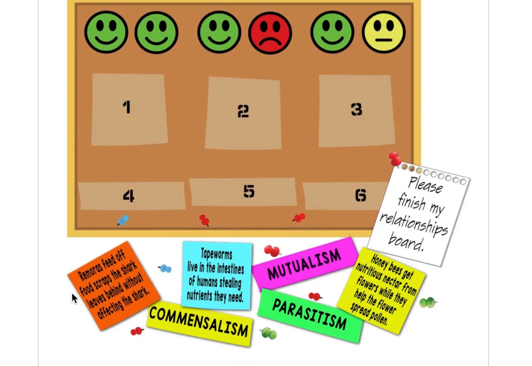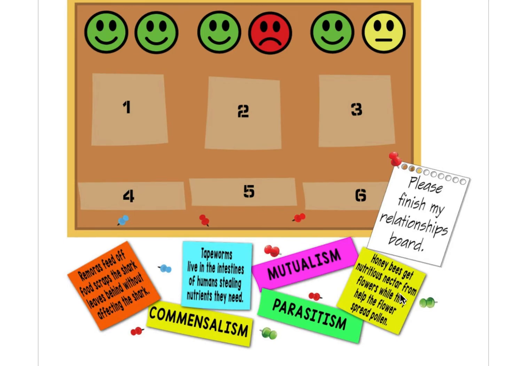Both happy. Is that remoras, which is a fish feeding off of scraps of food on the shark that get left behind without affecting the shark? So the shark isn't even affected. It's like, meh. Is that where they're both happy? Or is it tapeworms that live in the intestines of humans that are stealing the nutrition that the humans need? Is that where they're both happy?